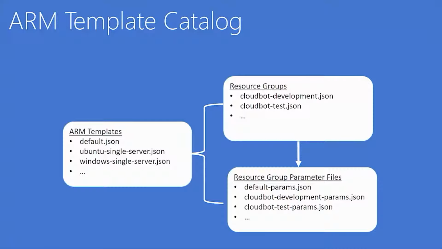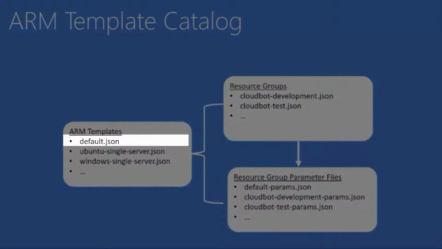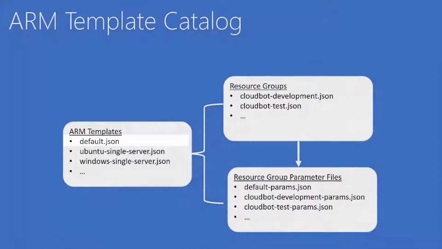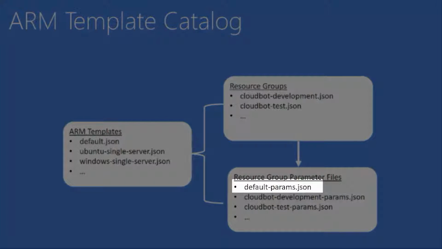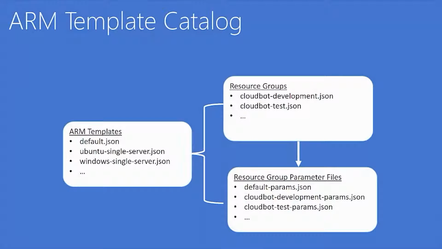So you'll also see that there is a default.json template and a default params file. Now these are meant to act as known good states. So I have some Pester tests that allow you to validate any new templates you add and also validate any new resource groups that you might define.